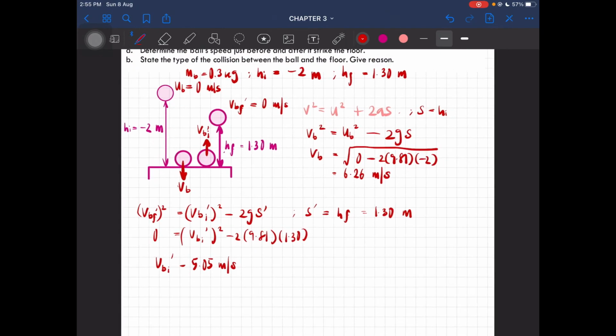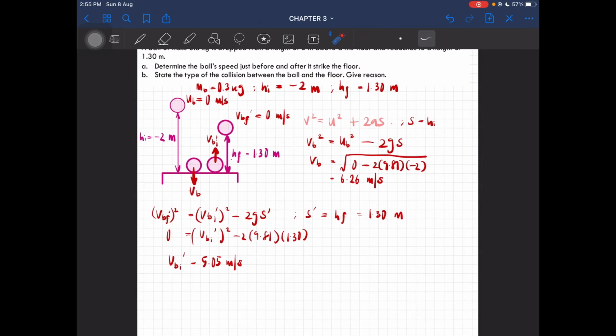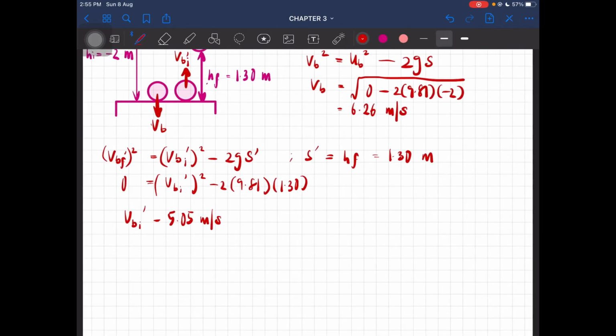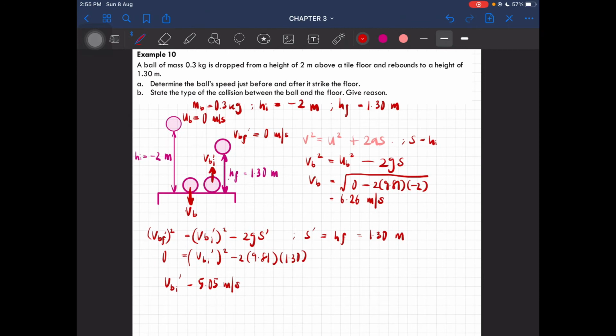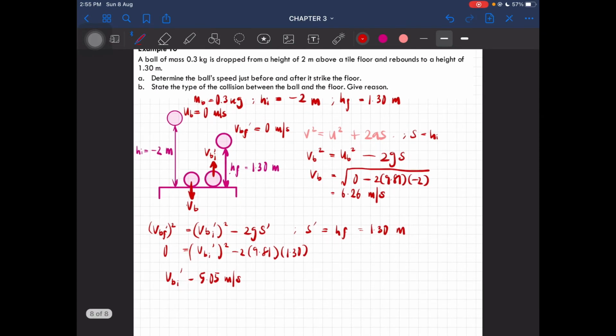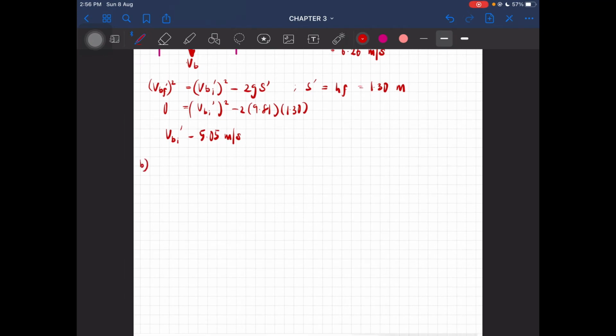Hopefully this is not too confusing, but if it is, just talk to me. Right, let's answer question B. State the type of collision between the ball and the floor. We determine the type of collision by looking at the kinetic energy.